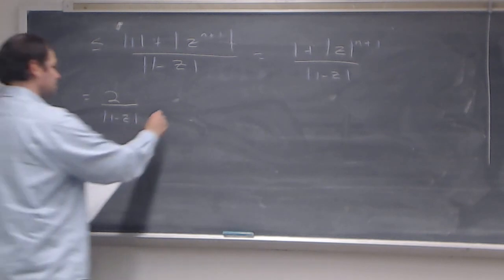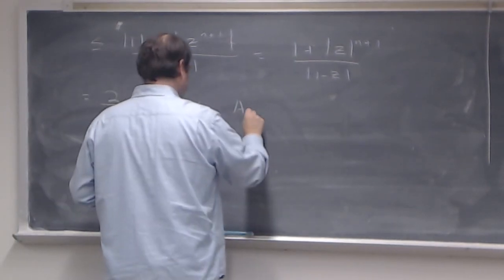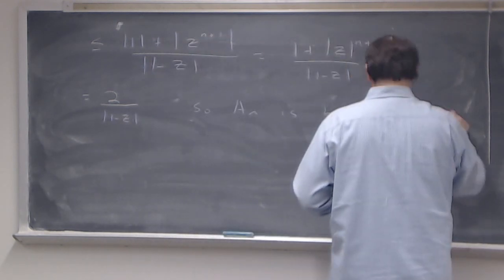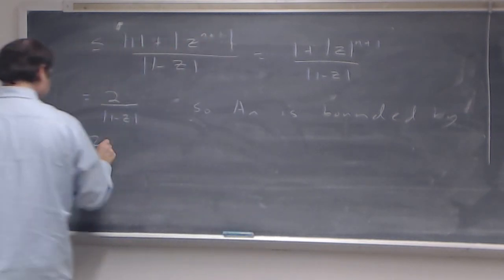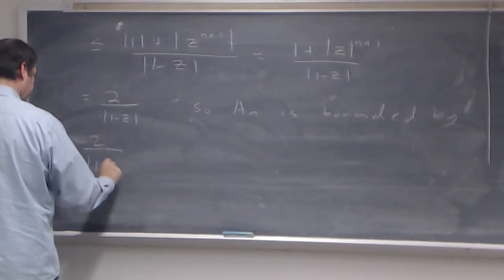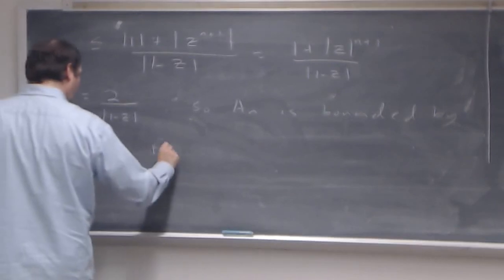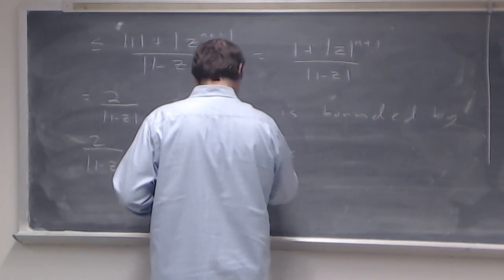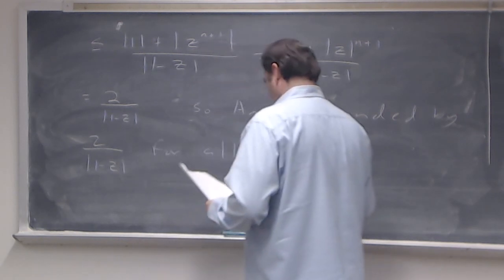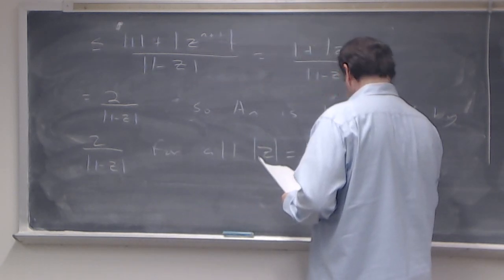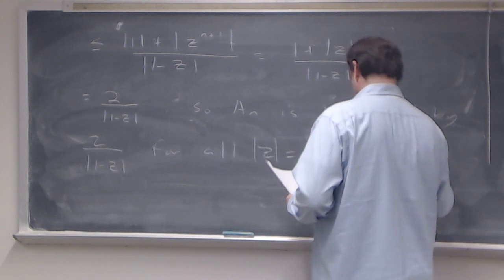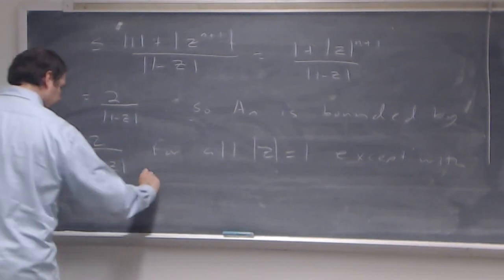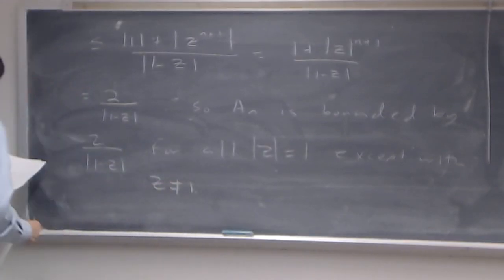So big A sub n is bounded by 2 over the absolute value of 1 minus z for all z whose absolute value is equal to 1, except when z is equal to 1.